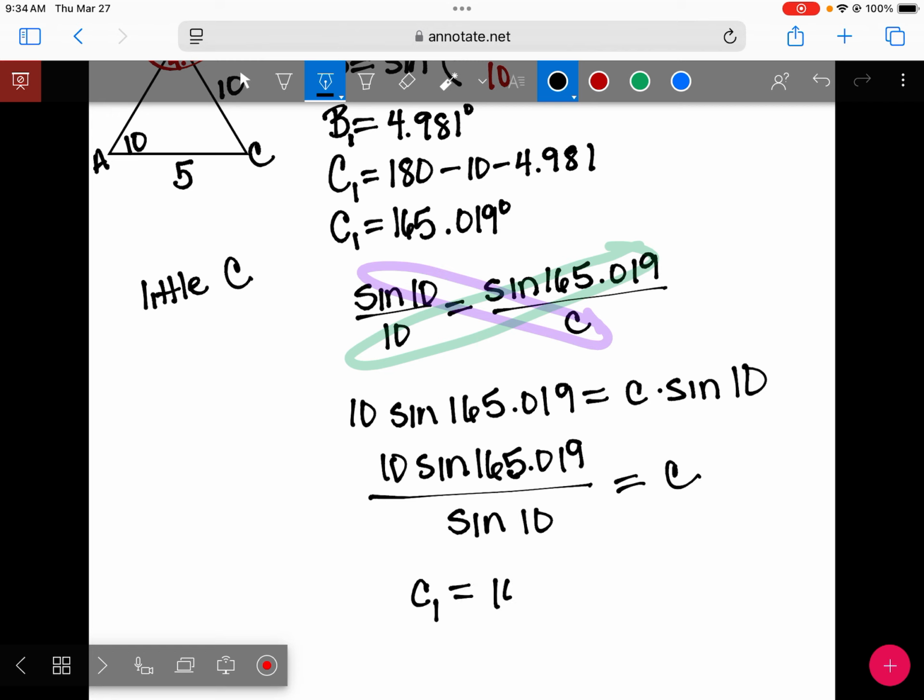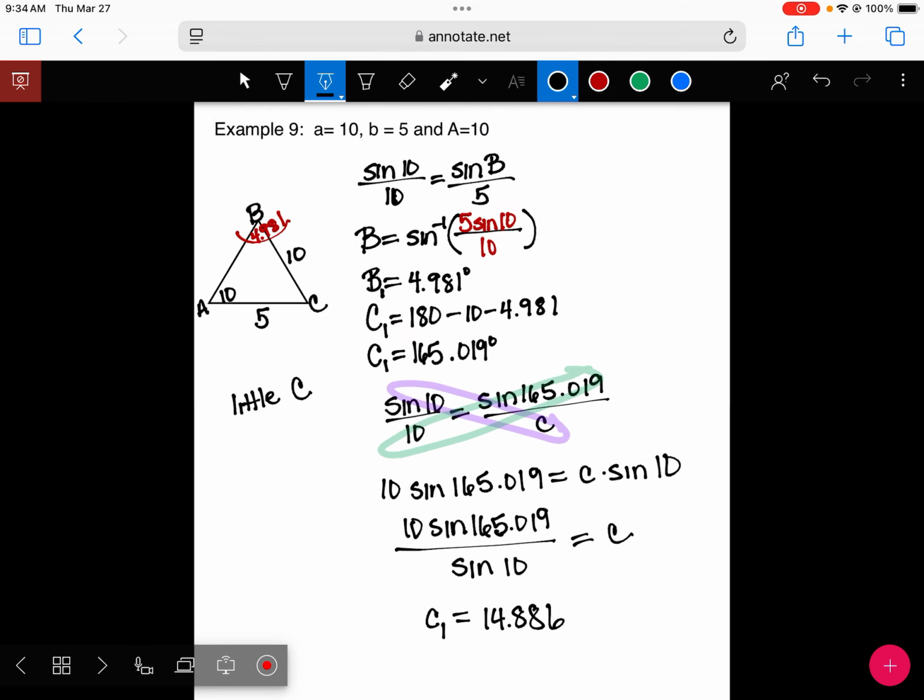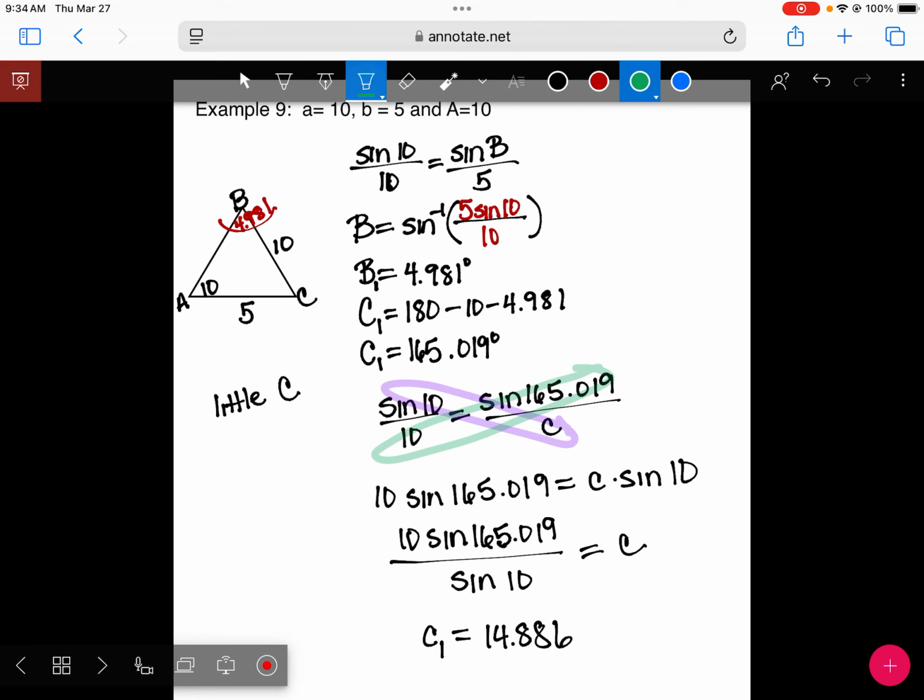And you should get 14.886. So we have found that we have at least one triangle. Let me zoom out. The information for triangle 1: we found B1, we found C1, and we found little c1.